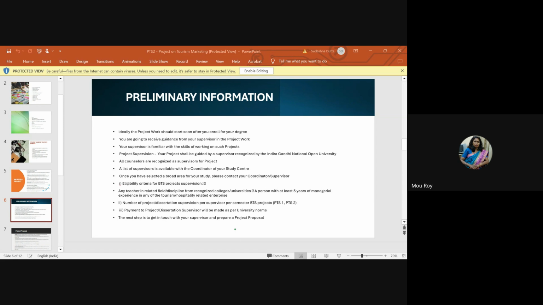You just select a very small topic. On that you do a bit of study. Once your study is done, you have to type it. You have to get it acknowledged by your supervisor, because IGNOU will provide you with your supervisor.